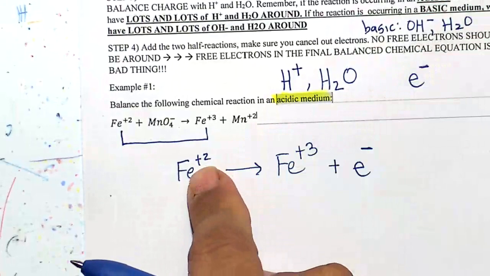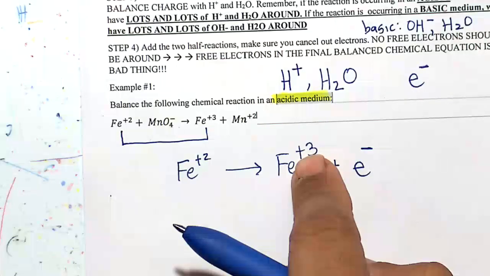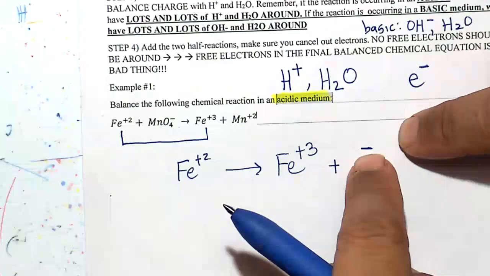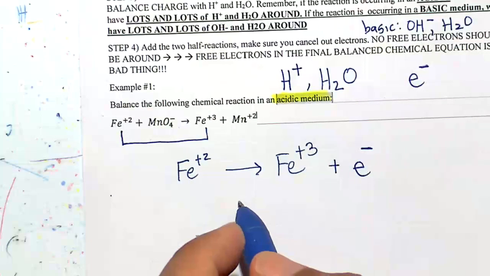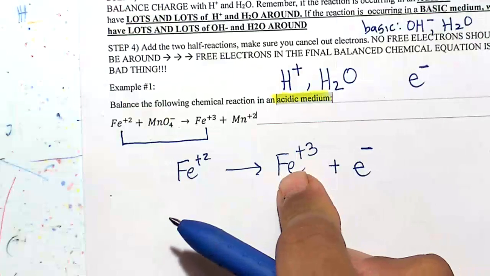Everyone look at me. The reactant is plus 2. And what is the charge on the product side? 3 minus 1 is 2. Plus 2, plus 2. So I have balanced this. How many Fe's here? 1. How many Fe's here? 1.